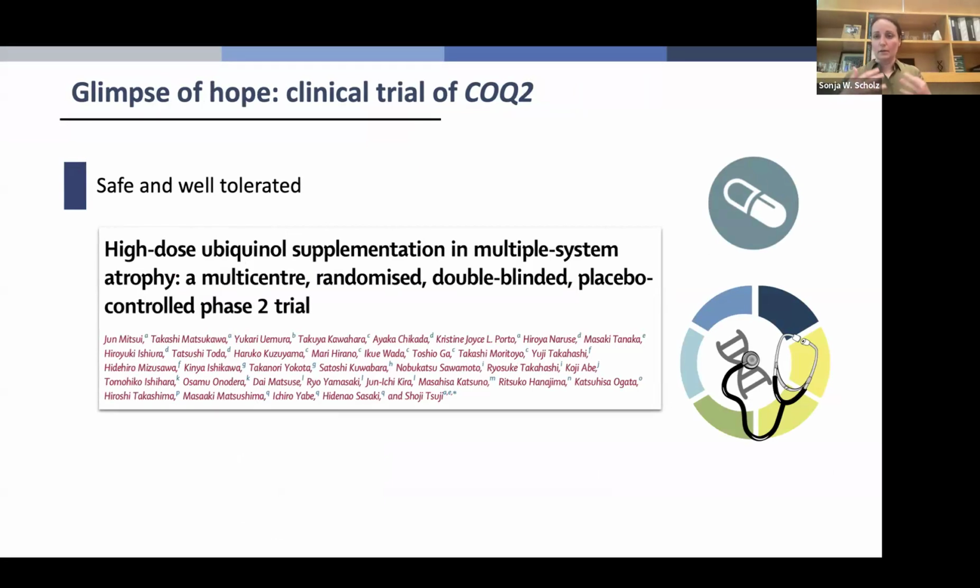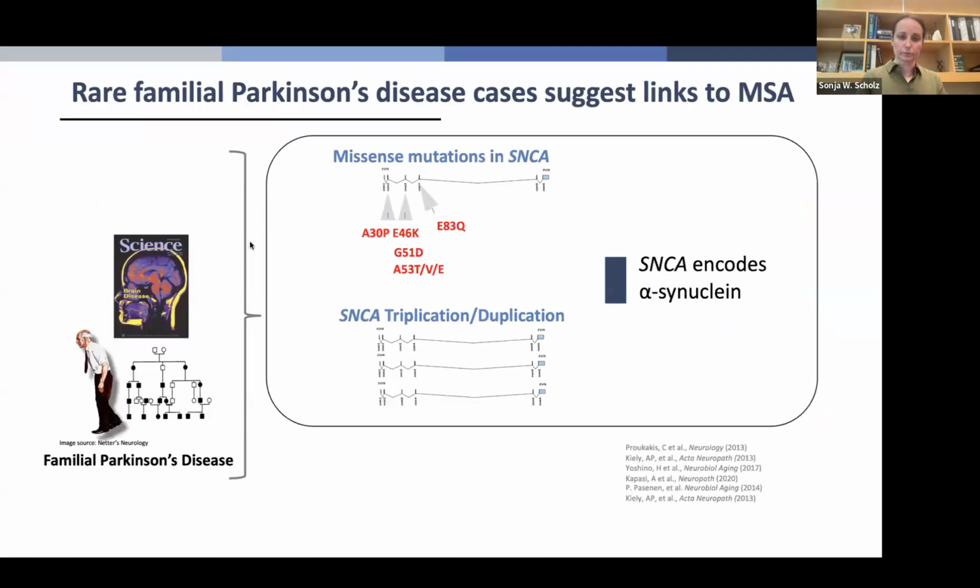It's been shown in individuals of East Asian ancestry. We don't know if that may also hold true for individuals who are of European ancestry, but at least you can already appreciate that there is a lot of effort to try to really focus in on some of the molecular defects that are going on in MSA.